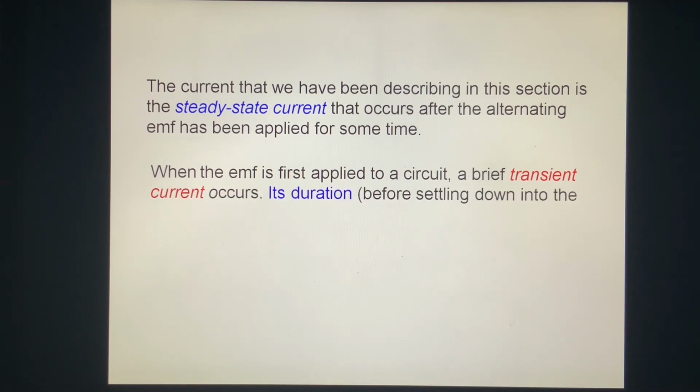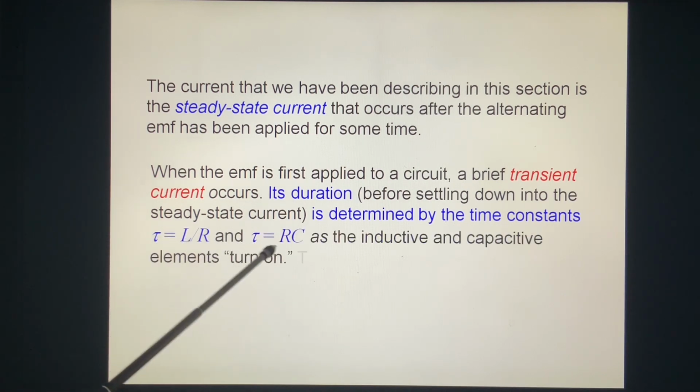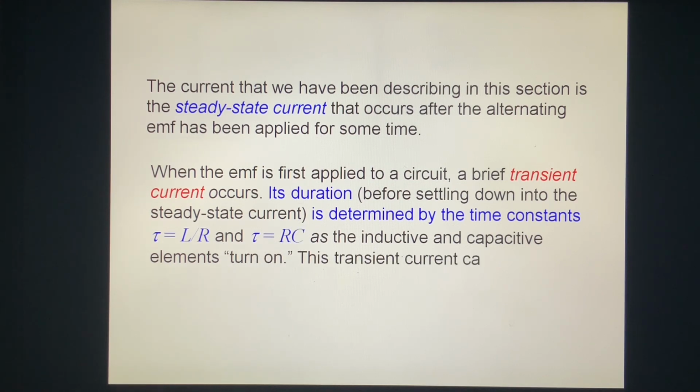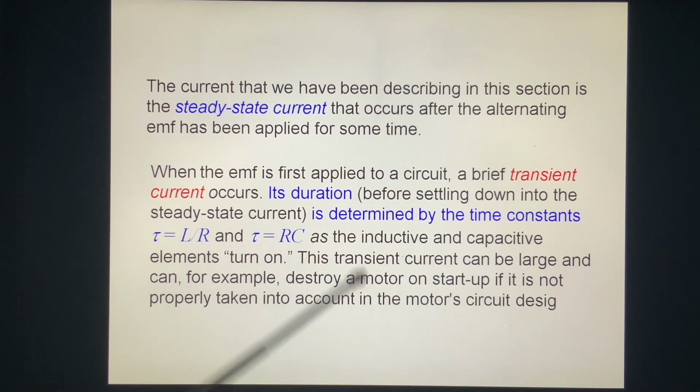Its duration before settling down into the steady state current is determined by the time constants tau equals L over R and tau equals RC as the inductive and capacitive elements turn on. This transient current can be large and can, for example, destroy a motor on starting up if it is not properly taken into account in the motor's circuit design.